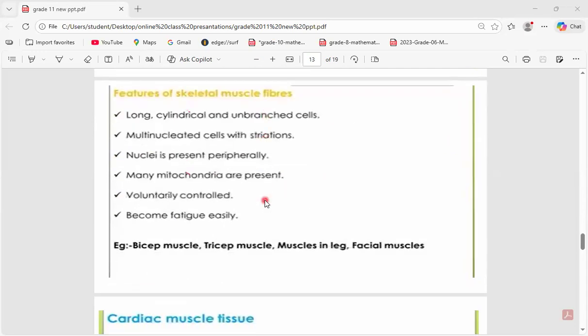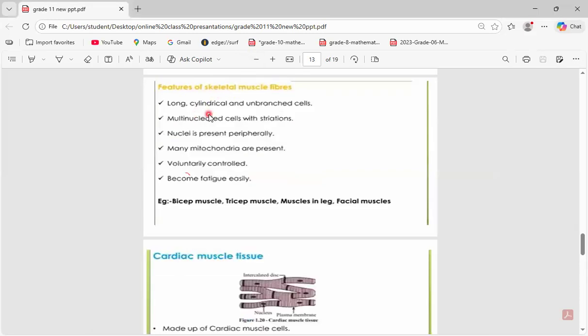And the features of that, very important ones, right? Long, cylindrical and unbranched cells. This is unbranched, whereas cardiac muscle is branched, right?